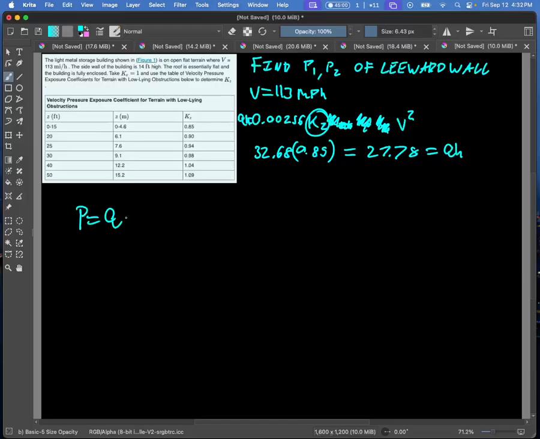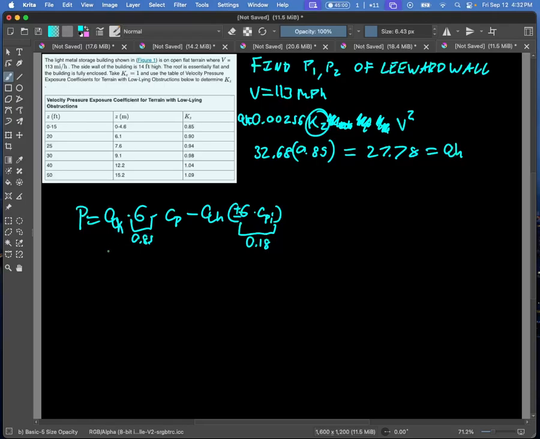P equals Q times G times the internal pressure minus QH times G times CPI, but I'm pretty sure that's plus or minus. As we remember, for a fully enclosed building, this is going to be 0.18, and for open flat terrain, this is going to be 0.85. Because this is not a windward wall, Q is actually equal to QH.